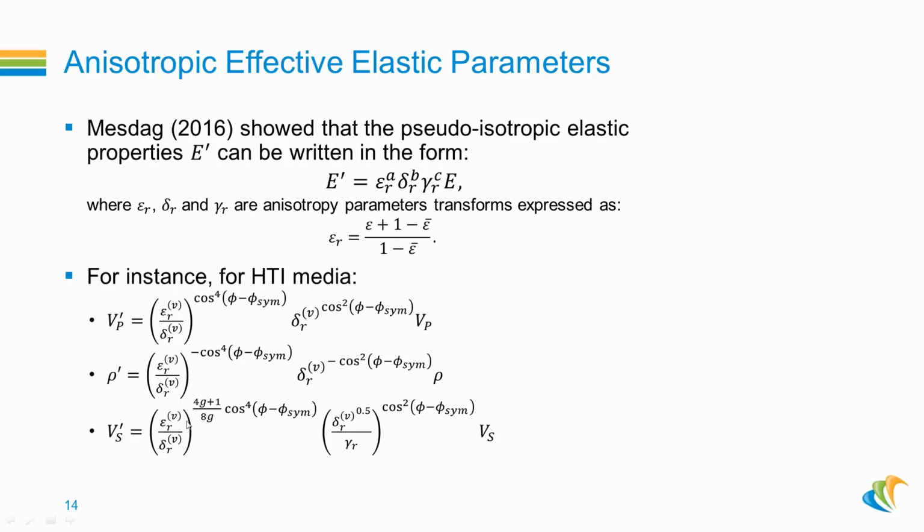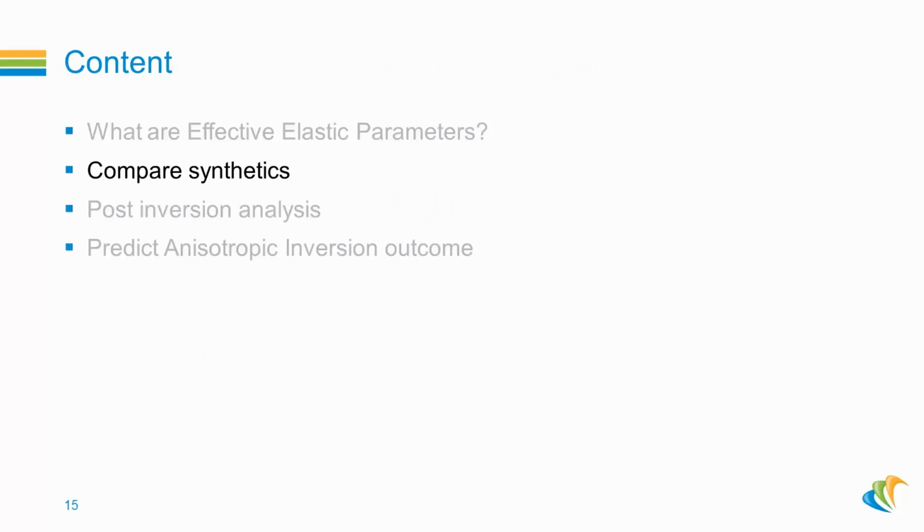They look rather complex, but they are just mathematical combinations of the Thomsen parameters, the angle of your anisotropy and the angle of the seismic, and a G, which is the Vs over Vp squared. So these are effective elastic parameters, and we'll be using those in isotropic modeling and isotropic inversion.